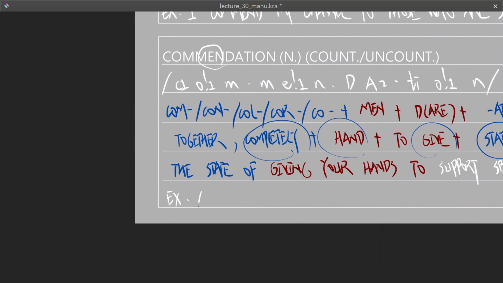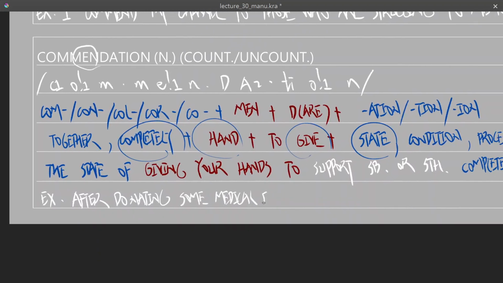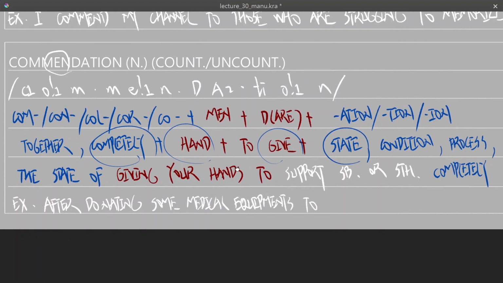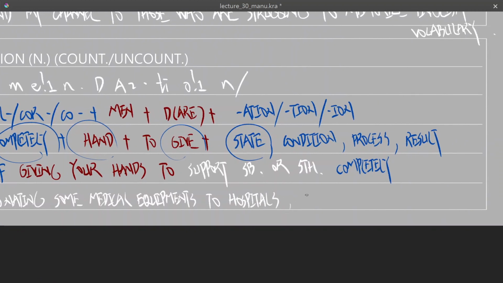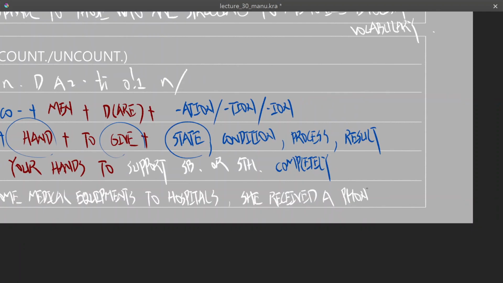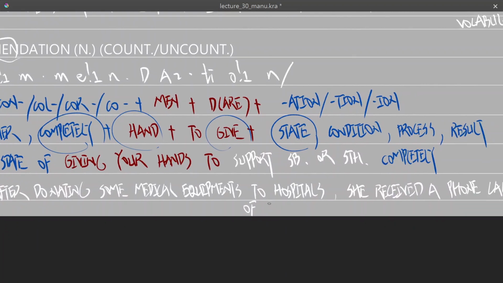Alright, so for example, we could say, after donating some medical equipment to hospitals, we received a phone call of commendation.